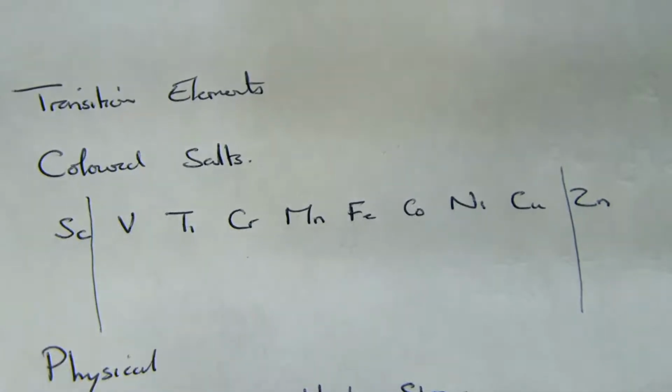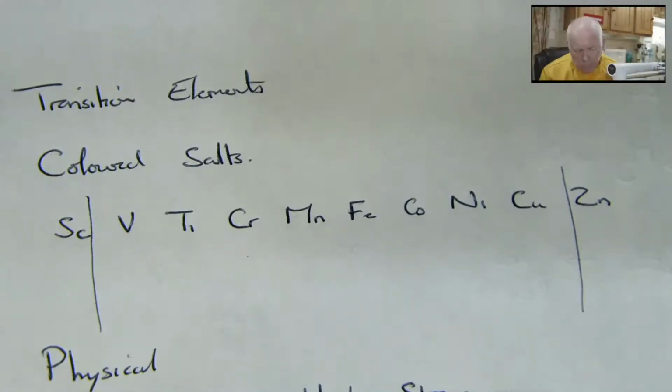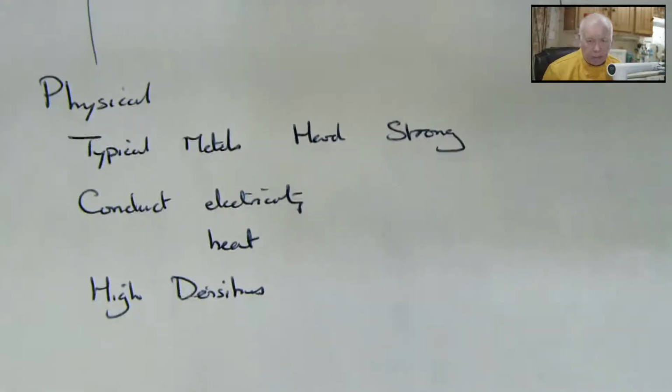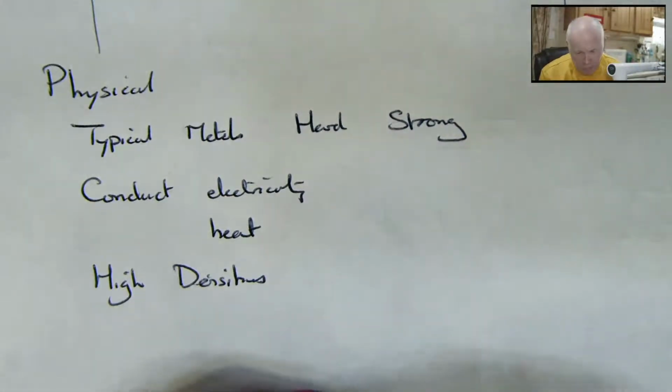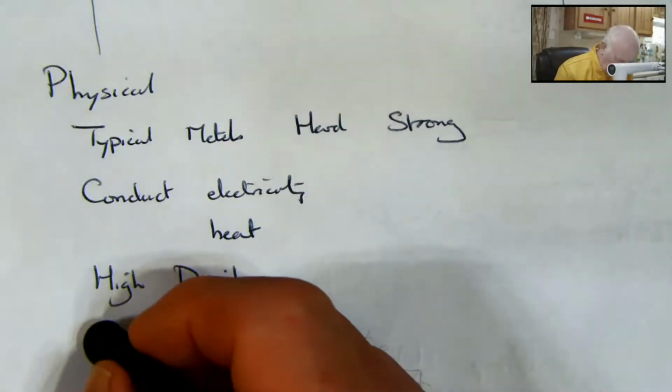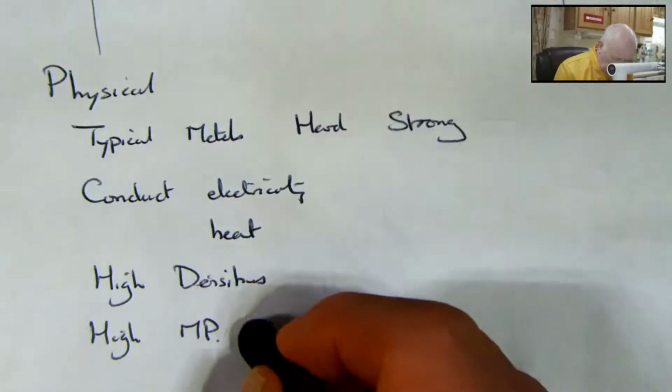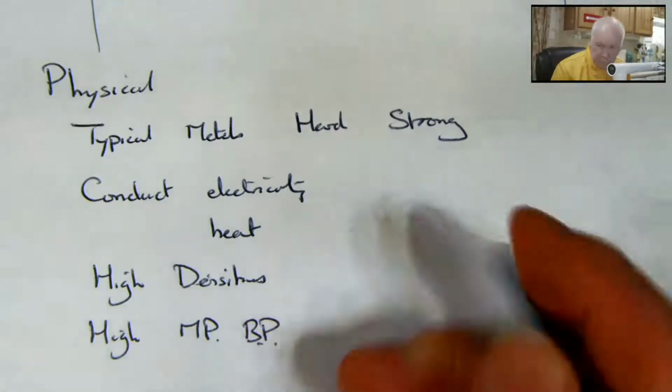They conduct heat. They're relatively heavy in that they have all got fairly high densities. And if you want to try and melt any of these metals, then we find that they've got high melting points and boiling points.